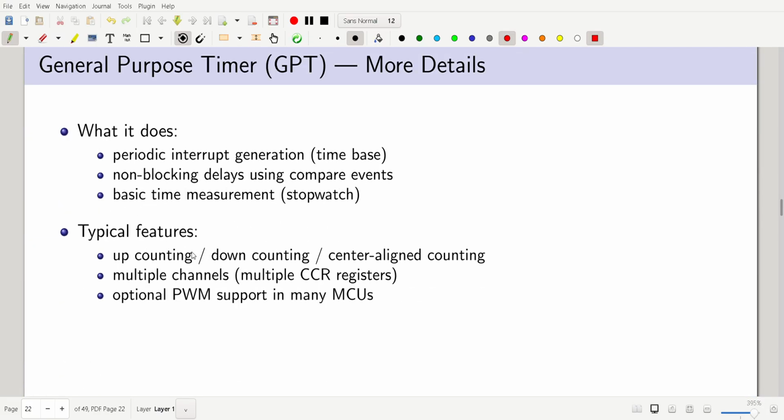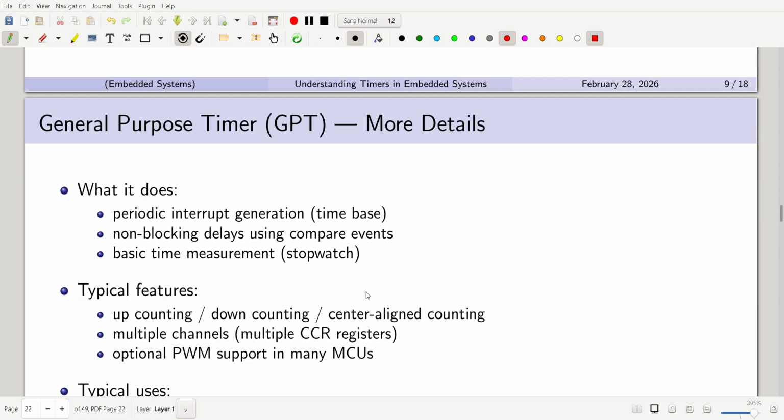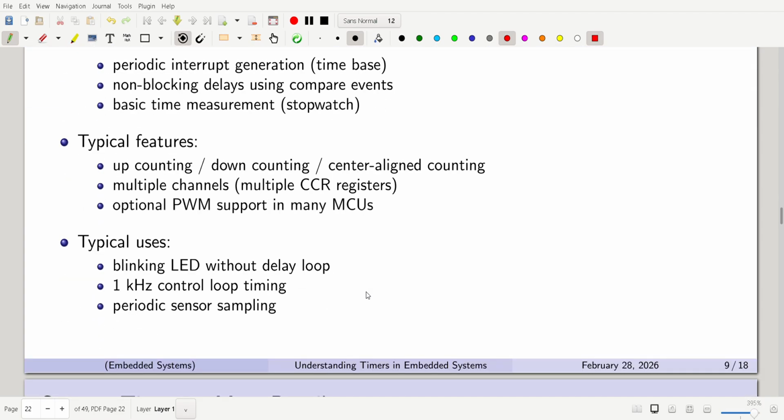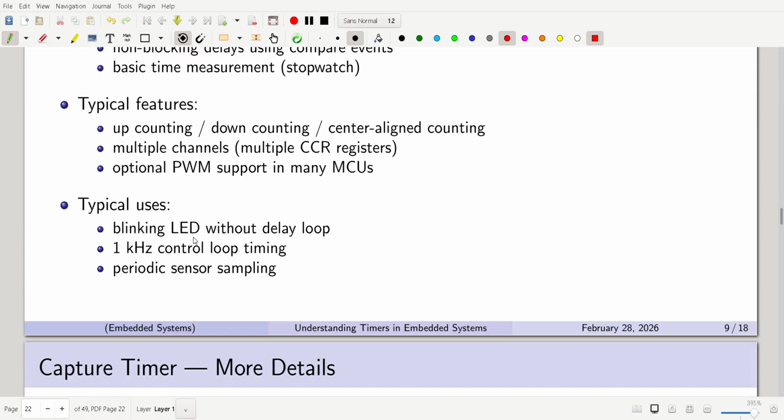Typical features are up counting and down counting, center aligned counting, multiple channels, multiple CCR registers, and optional PWM support in many MCUs. Typical uses are blinking an LED without a delay loop, 1 kHz control loop timing, and periodic sensor sampling.